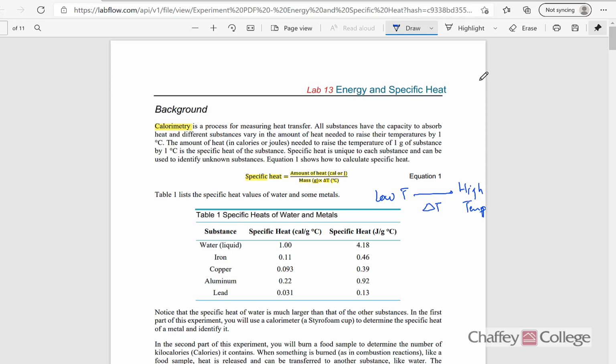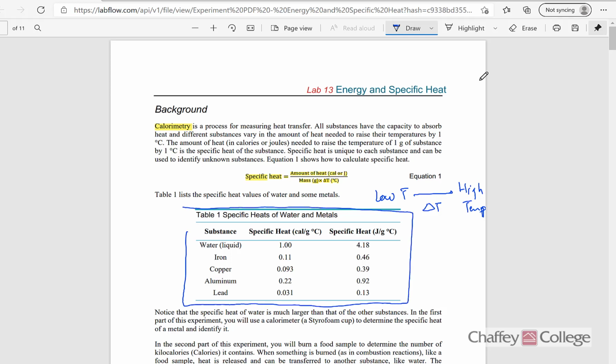All objects have a specific value of specific heat, or in other words, all objects have a unique specific heat value. It's kind of like a fingerprint. So if we know the specific heat, we can identify that object or that metal. Specific heat values of some metals are given in this table.